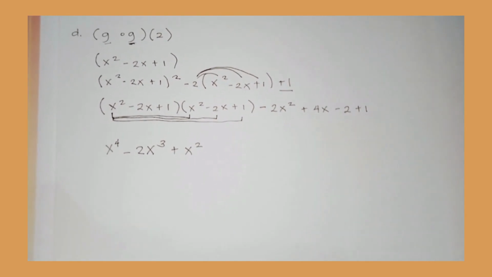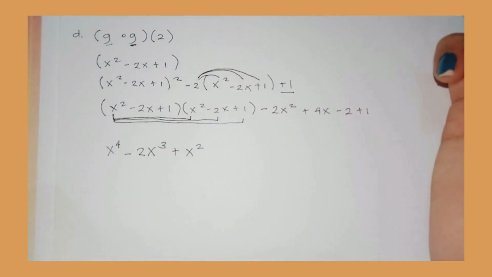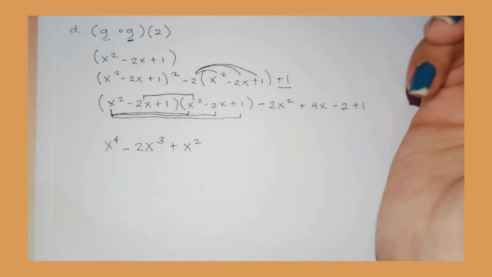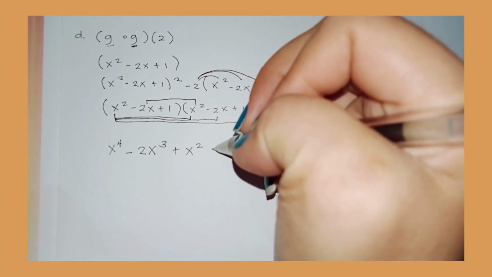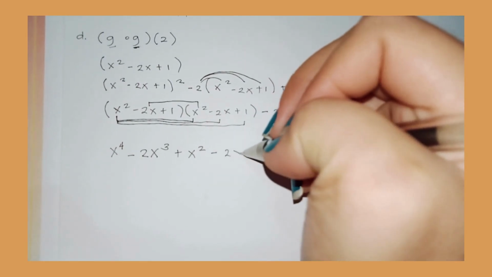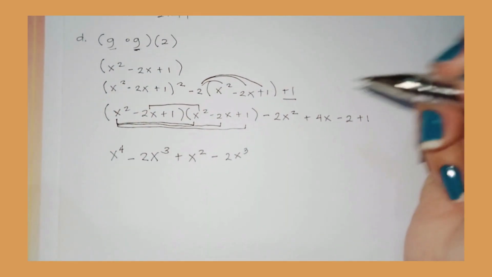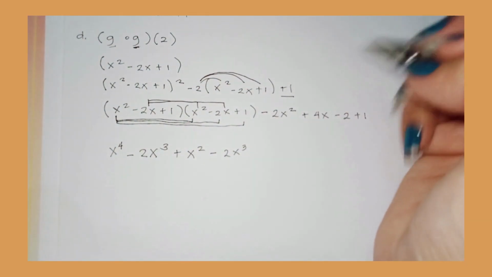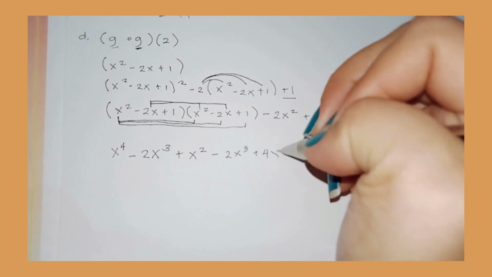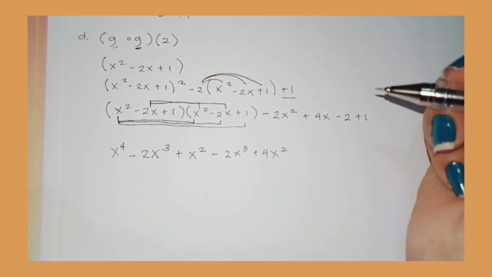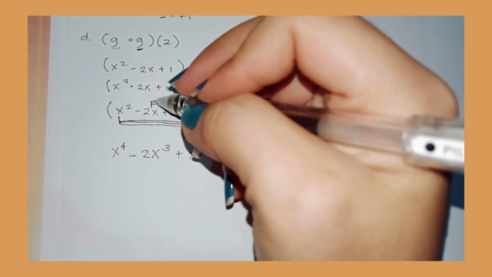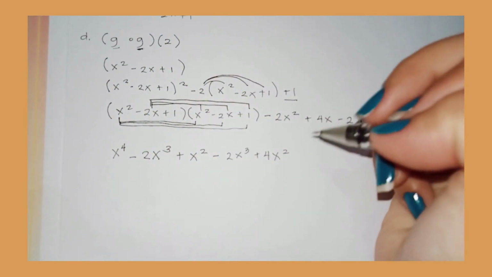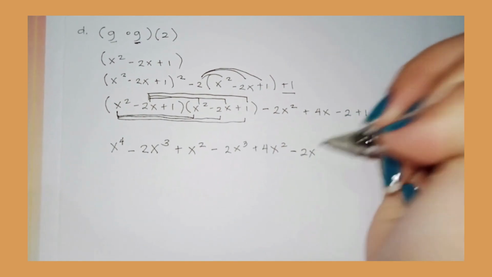Next na gagawin naman, dito naman tayo kay negative 2x. Negative 2x multiply to x squared, that is negative 2x cubed. Negative 2x multiply to negative 2x, that is positive 4x squared. Next, negative 2x multiply to positive 1, that is negative 2x.